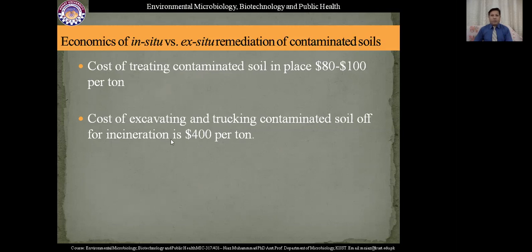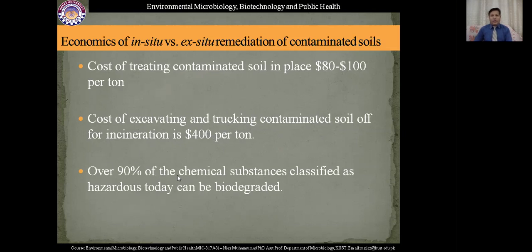Therefore, people do not prefer ex situ bioremediation, because we have to excavate that soil, dig it, load it on trucks, transport it to the treatment site, offload it, and then treat it. That can increase the cost to more than $400 per ton. So people are not preferring ex situ bioremediation.